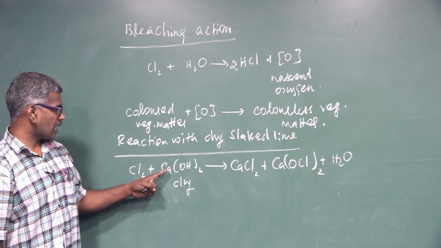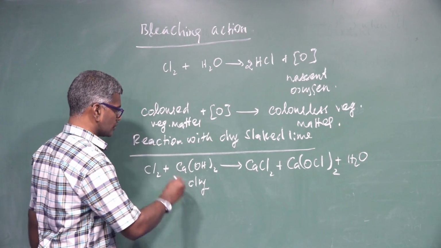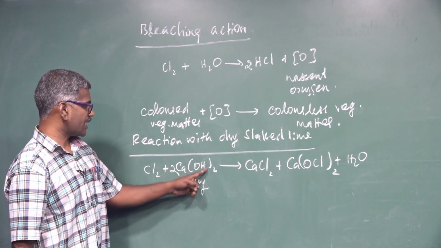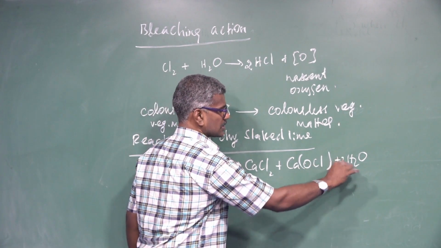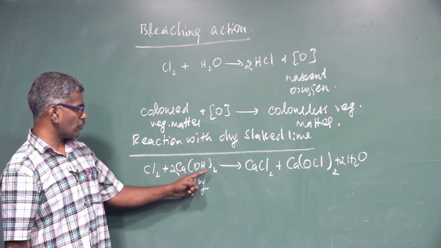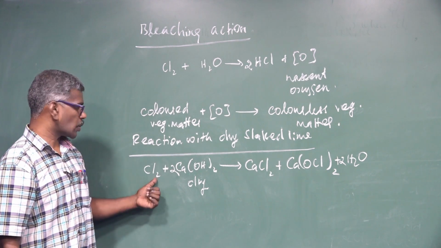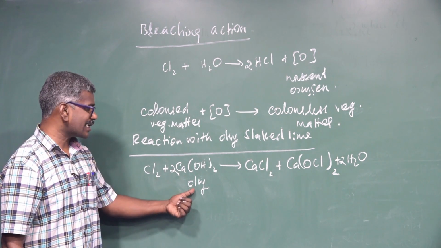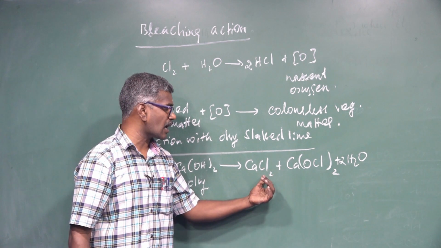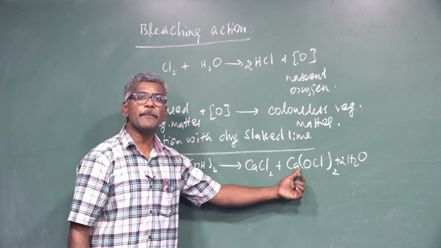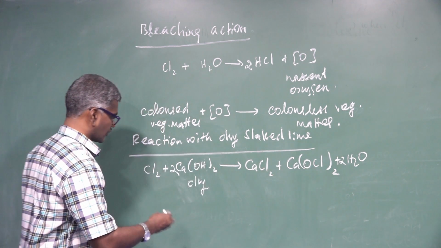Balance equation, common calcium, 2 calcium, here 1, 2 is 2 times. Common hydrogen, 4 hydrogen, here 2 times. Common oxygen is 4 oxygen, here 2 is 4 oxygen. So chlorine gas passed through dry slaked lime forms calcium chloride and calcium hypochlorite.